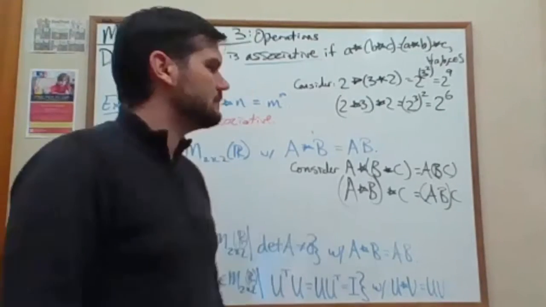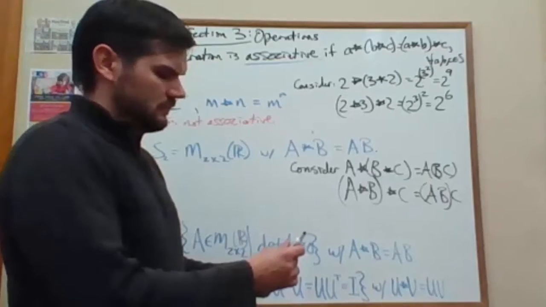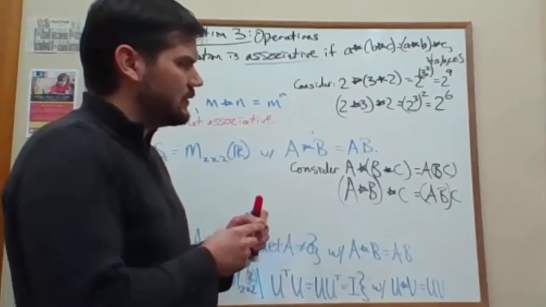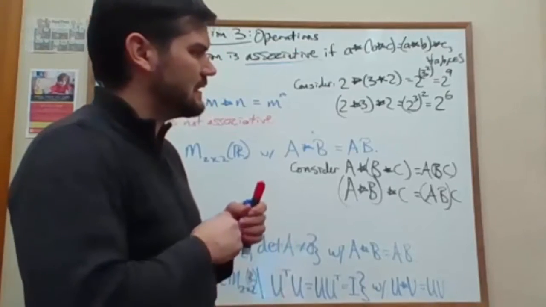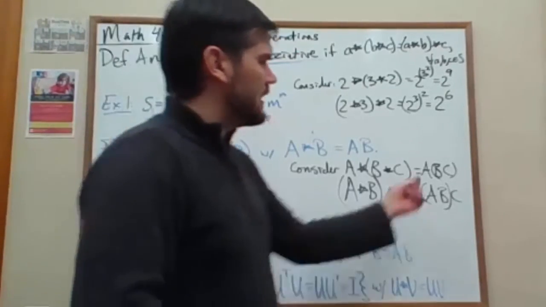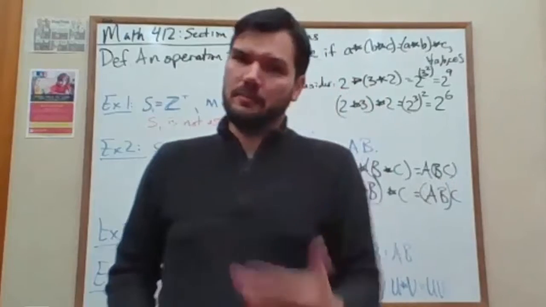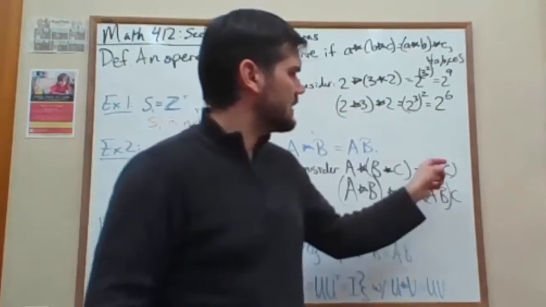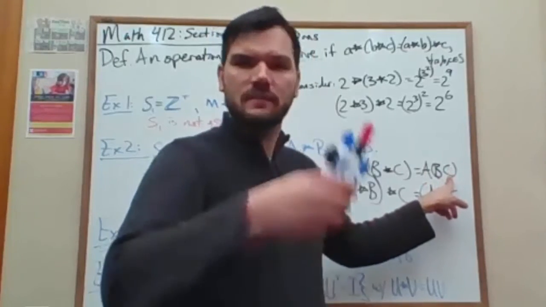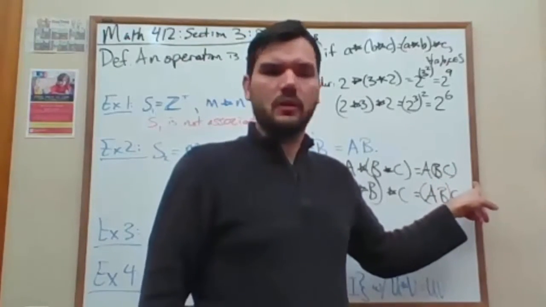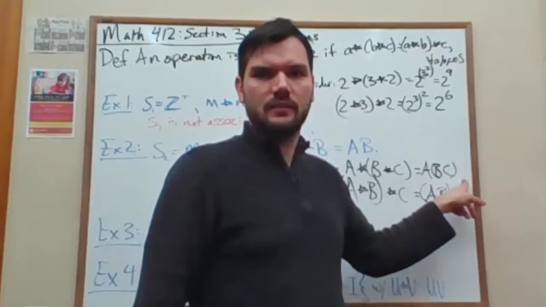But correct. Matrix multiplication is associative because it sets up an ordering of compositions. We can think of this as A being a function of B, which is a function of C, which is a function of whatever input we're passing into it.